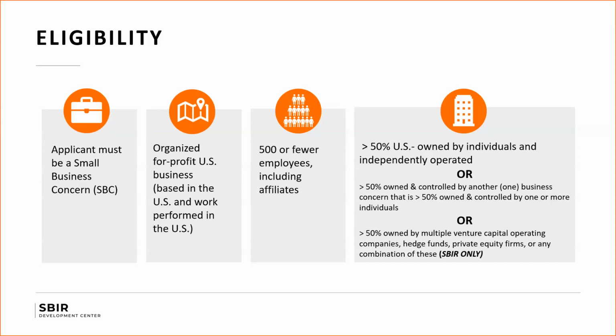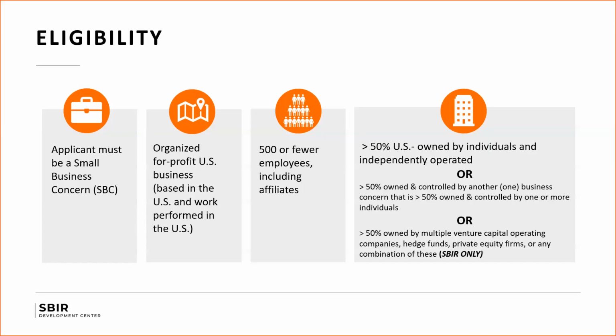The company also has to be U.S. owned and operated. So more than 50% of the ownership has to be held by either U.S. citizens or U.S. permanent residents. The small business can be owned by another business as long as that meets the U.S. owned and operated criteria.